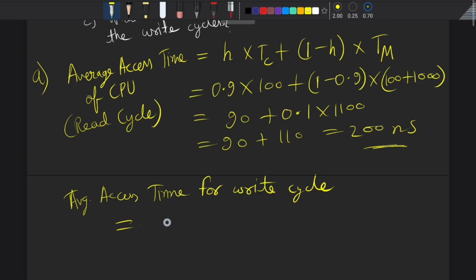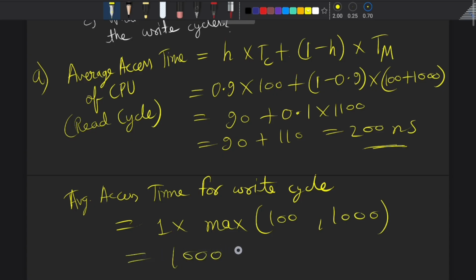So we will just take 1 into max of the cache access time and main memory access time. It will give us the access time for write cycle, which will be 1000 nanosecond.